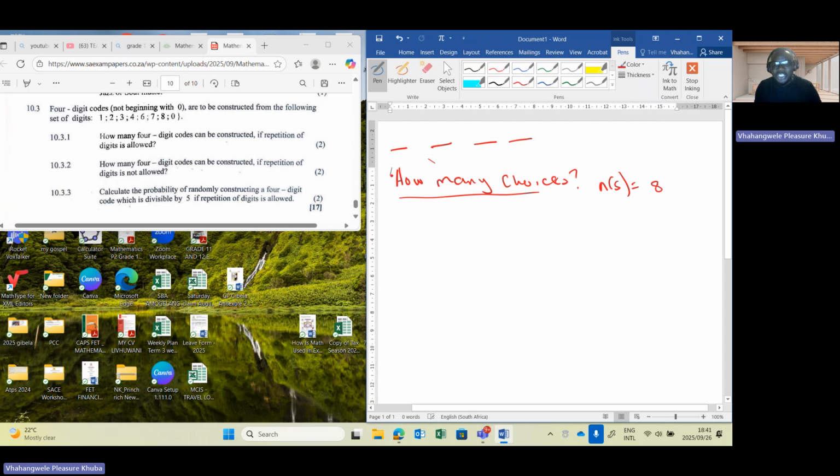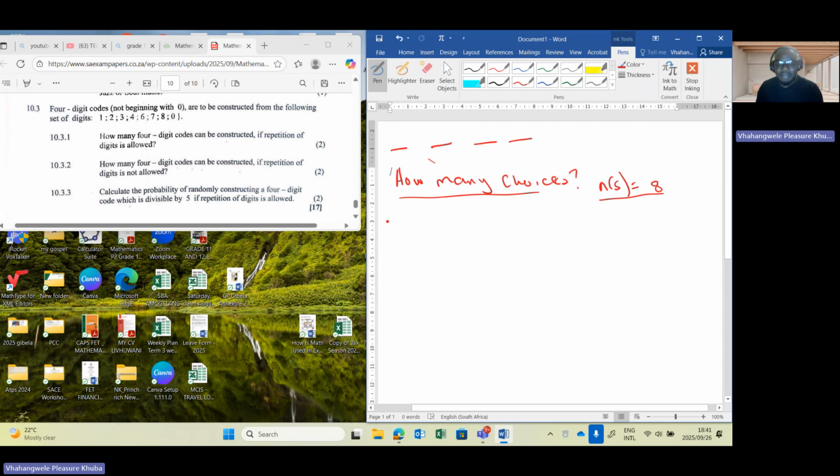So we deal with position 1, we move to position 2, then 3, until we get to position number 4. In total, we have 8 choices. Thank you very much. Let's go to 10.3.1.